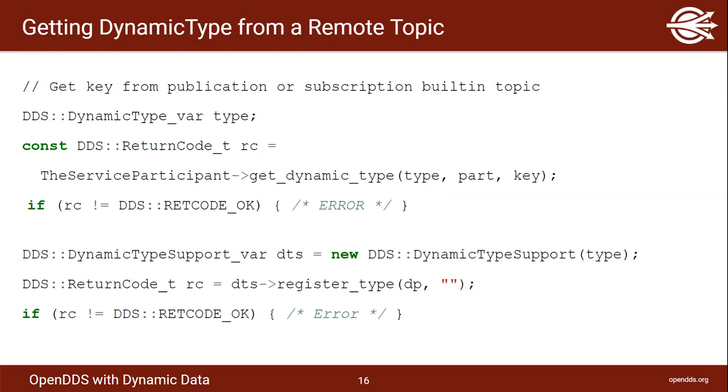And you can pass that to a function in service participant called get dynamic type. And this will actually work for local types as well, I think, but the idea is to use remote types. And if it has the type information it needs to be able to handle the type locally, it will just return the type information it already has.